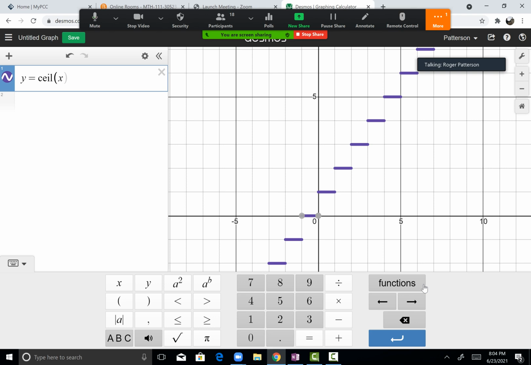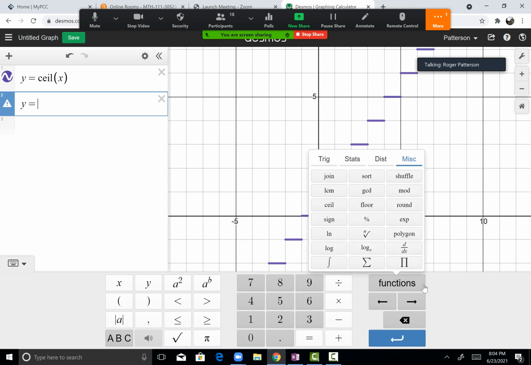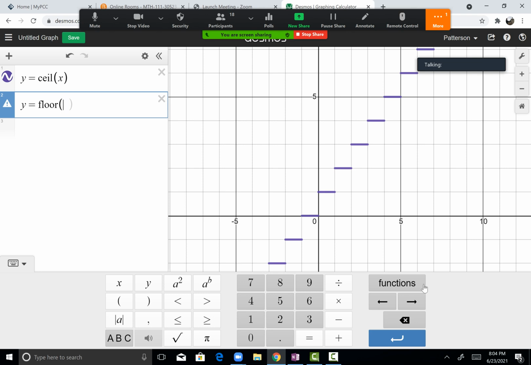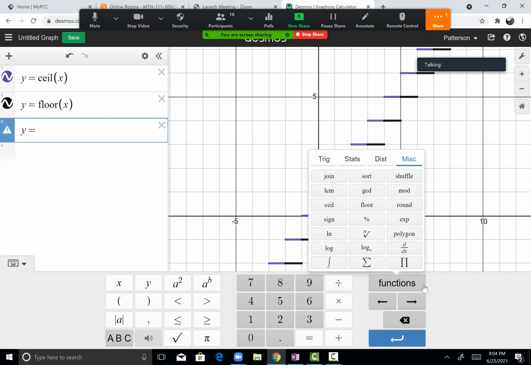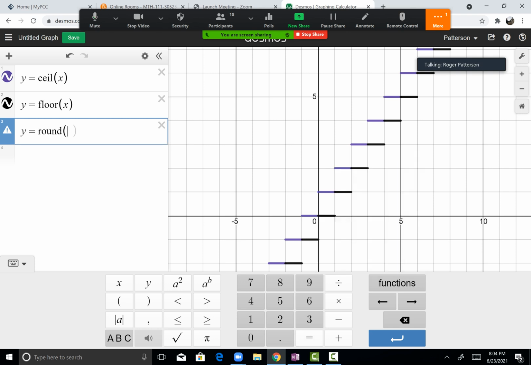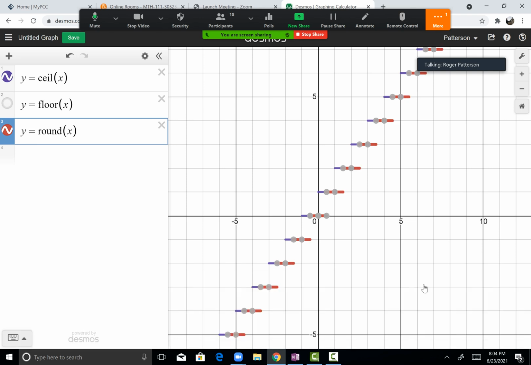Then underneath that, y equals floor. And then one more we're going to do is round. Now I don't want us to look at them all at one time, so we're just going to tap them and come back to them.